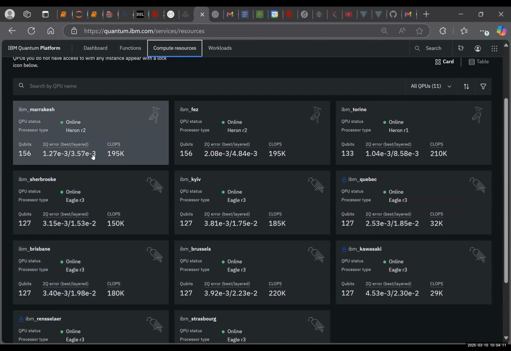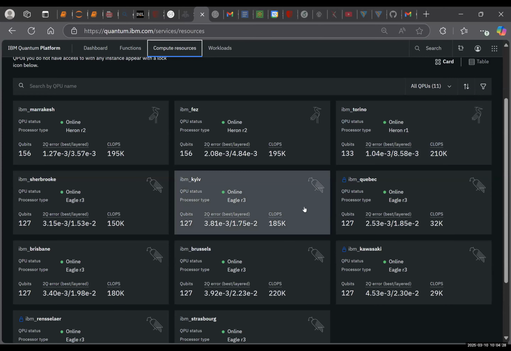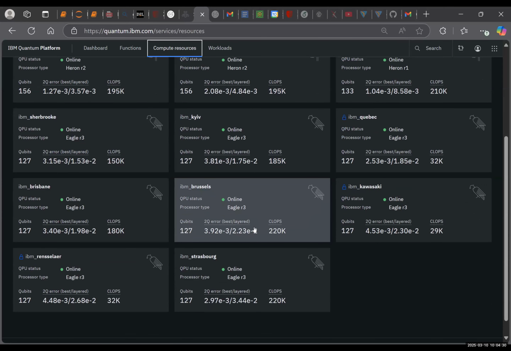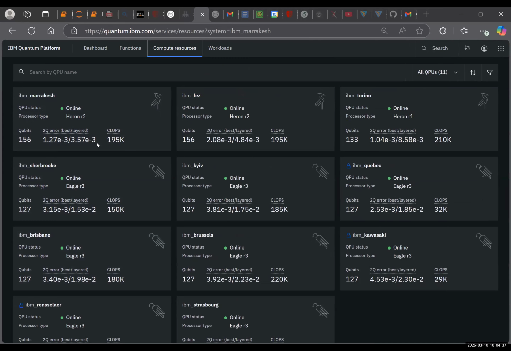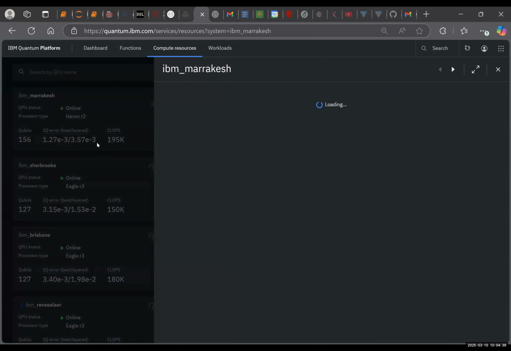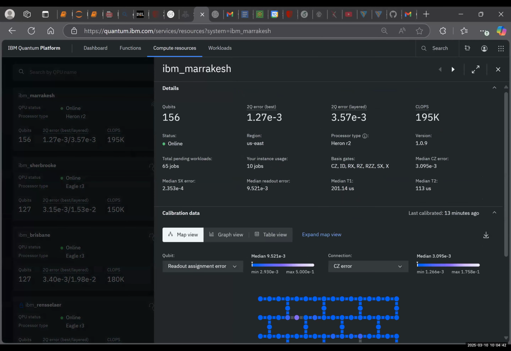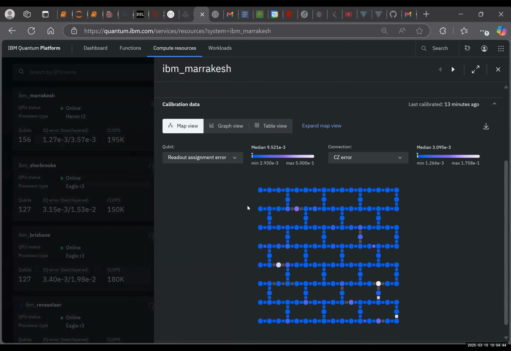The error rate would be introduced in this lab 3, I think, or lab 2. And you can see the best two qubit error rate is 2 times 10 to the minus 3. Older machines have a higher rate. Yeah. So you click. There are also other errors, not just the gate, right? We know the gates have errors.